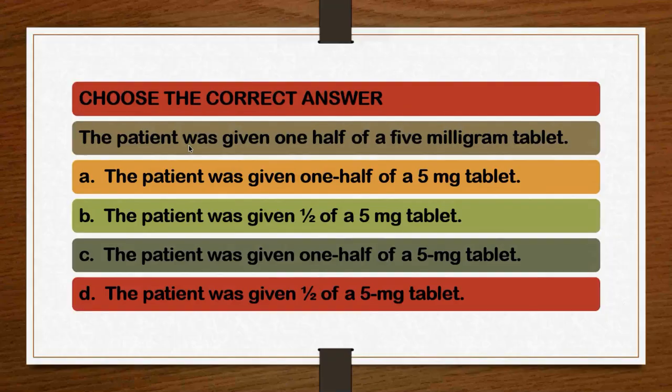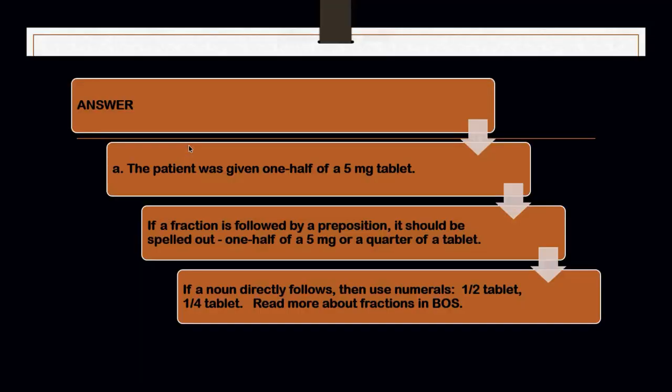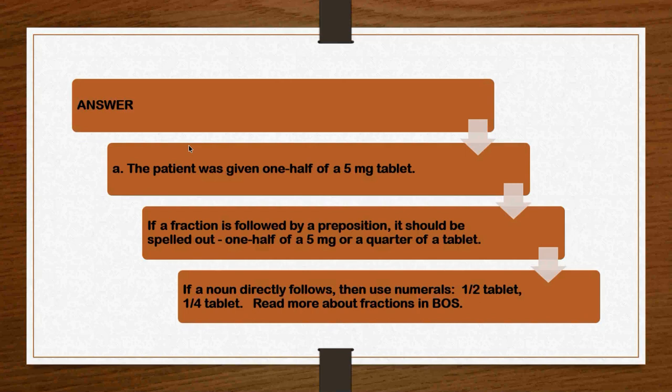Okay. And the answer is, honestly, 1/2. So the rule basically is if a fraction is followed by a preposition, of is a preposition, so if it's followed by a preposition, it will be spelled out. One-half spelled out of a 5 milligram tablet, or one-fourth of a tablet. If the noun follows directly, then you use numerals. 1/2 tablet.